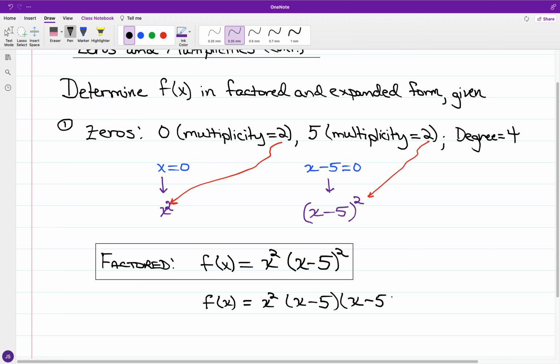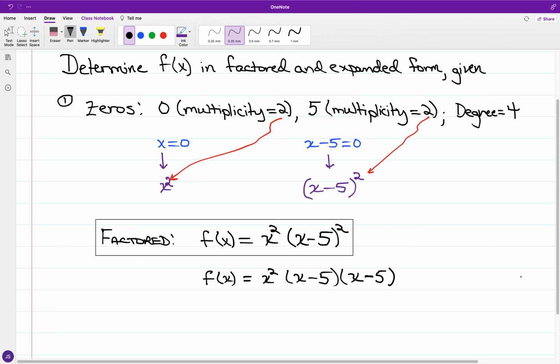You could square the binomial and multiply that by x squared, or do it incrementally. Multiplying x squared and the first x minus 5, we have x squared times x is x cubed, and x squared times negative 5 is negative 5x squared. And we have the other x minus 5 to be multiplied.